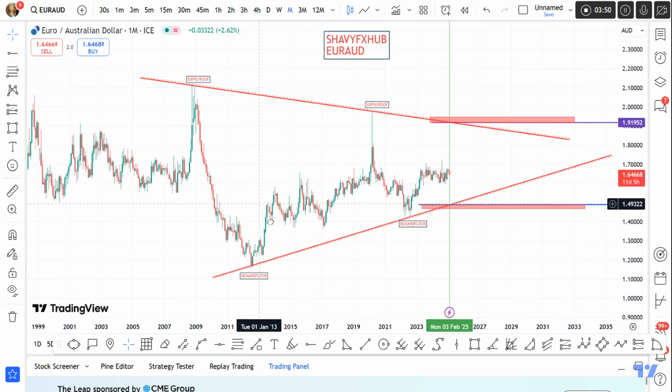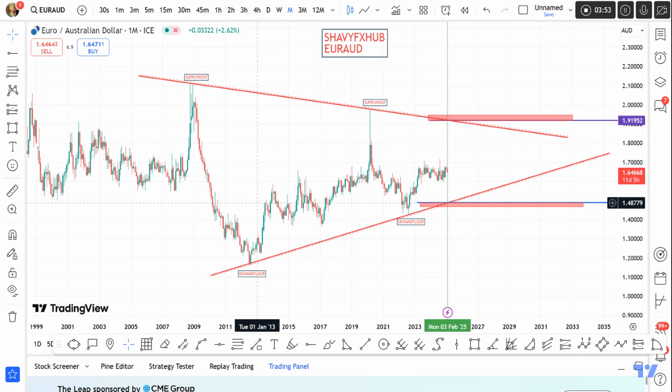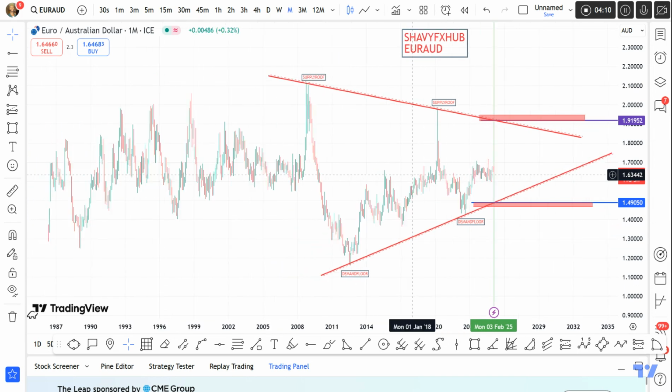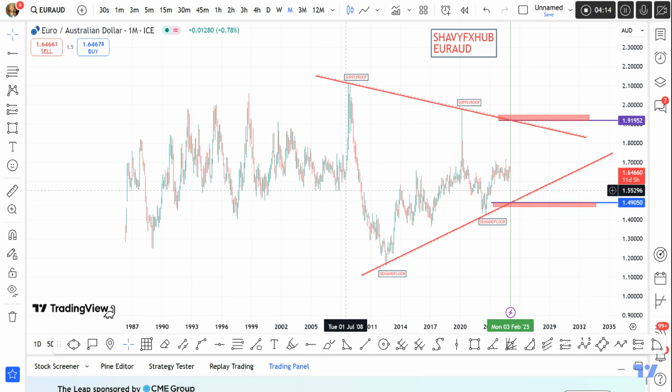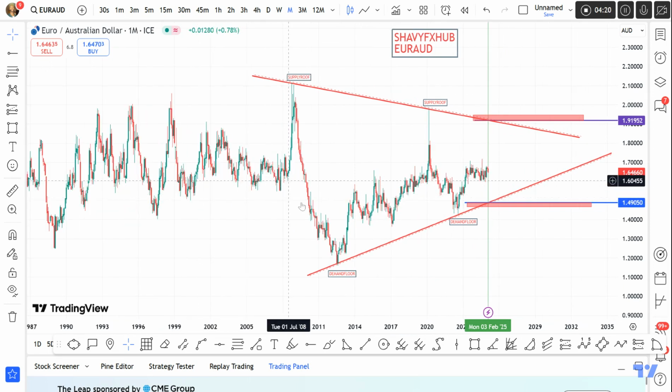So now the next thing to do is we have figured out our buy sell zone. Now let's look at the overall structure and make a summary of the price action. Is the market bullish or bearish or neutral? Well, if we look at the overall cycle of Euro AUD, looking from 2008, 2093 into 2006.